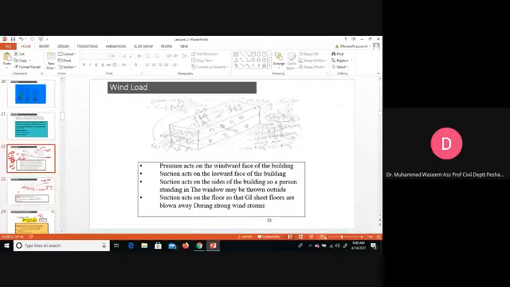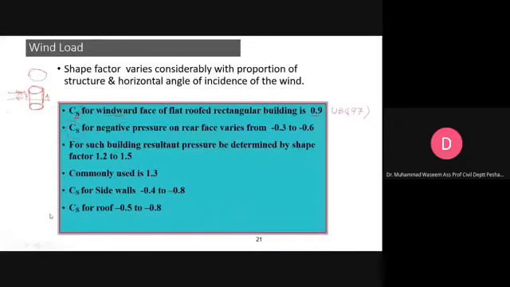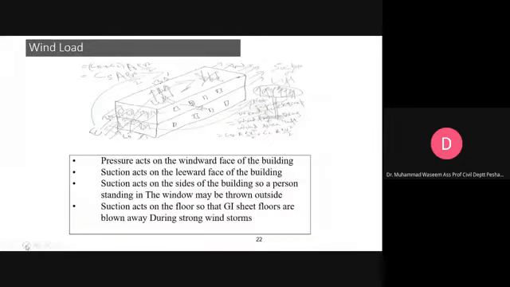For example, this is a building, and the wind velocity is in this direction. This is the wind velocity.